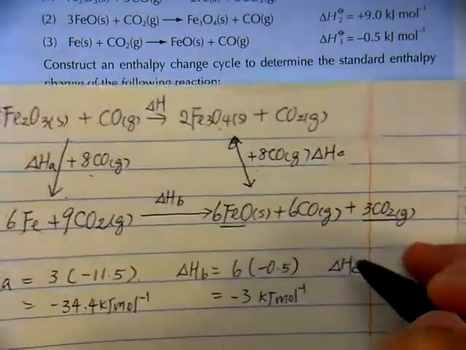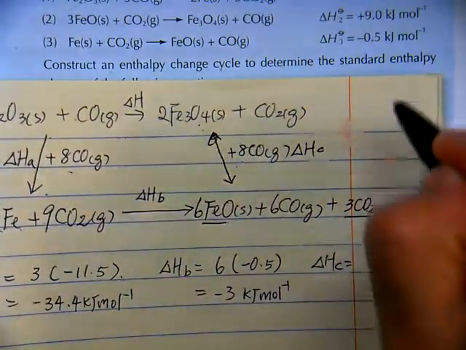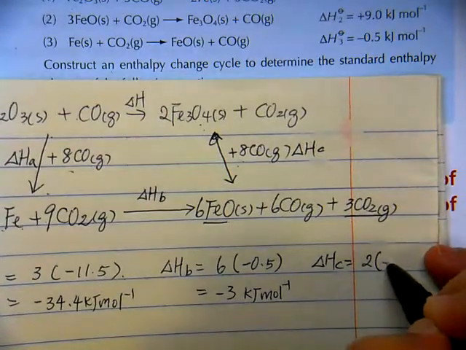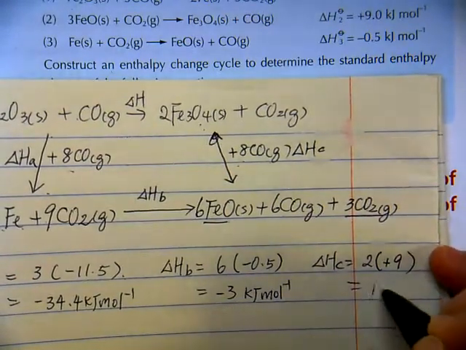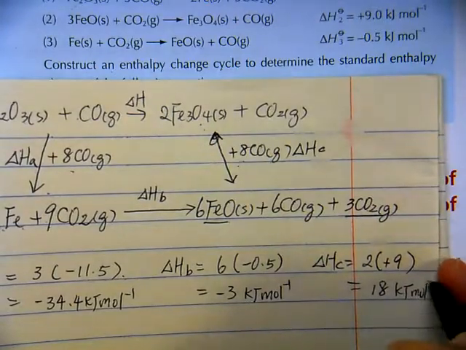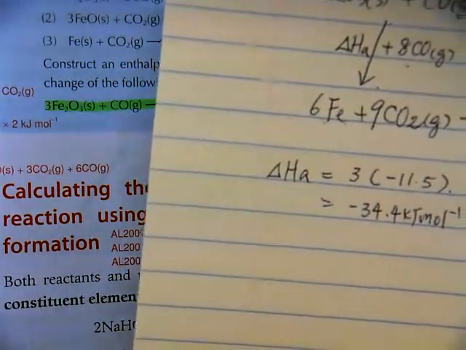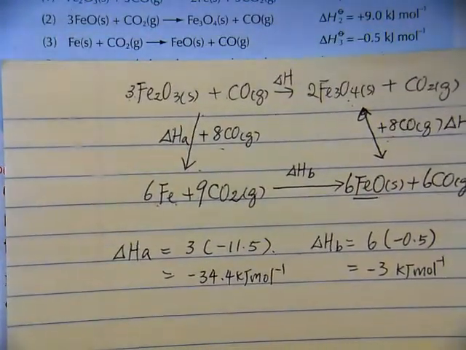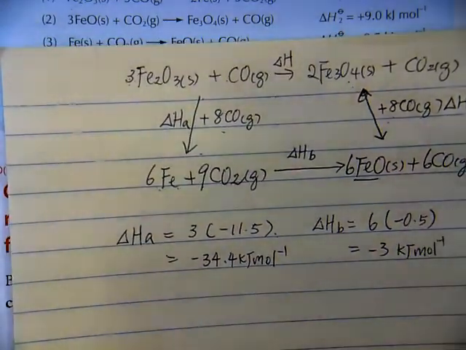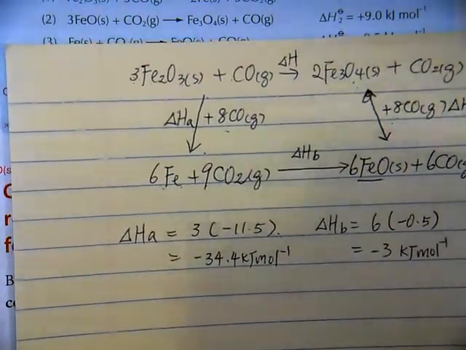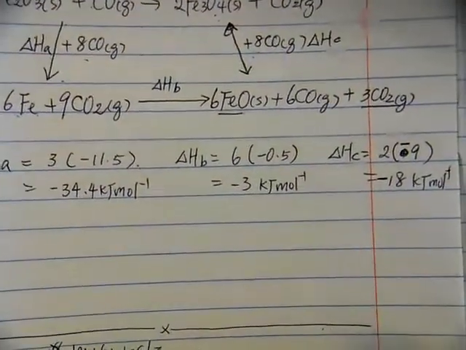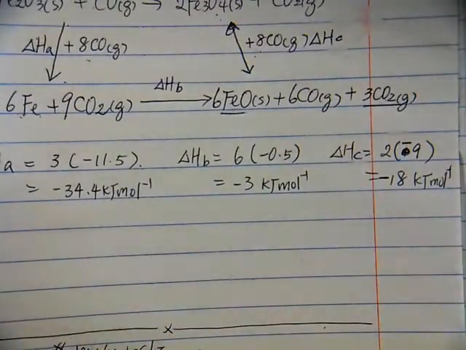Delta HC is equal to, I need to reverse this one and then multiply by 2. 2 times plus 9, which is 18 kilojoule per mole. Reverse, need to reverse. Sorry, I have forgotten. Reverse, negative 18 kilojoule per mole.